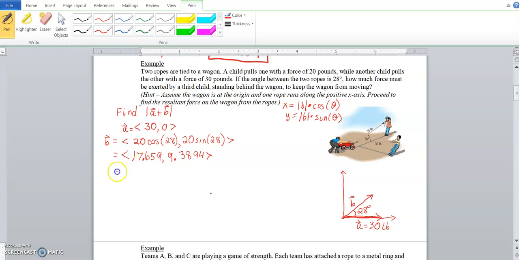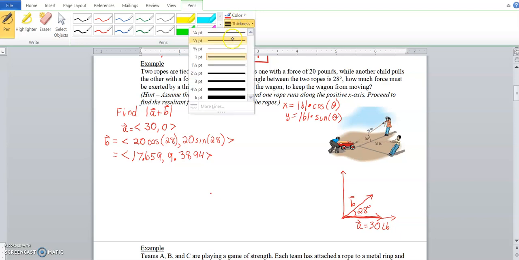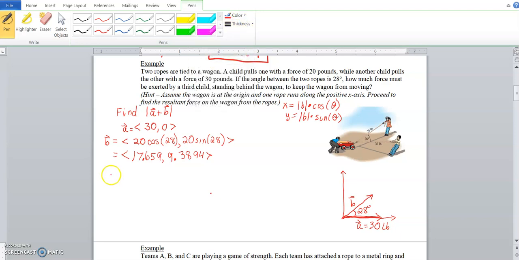All we're trying to find at this point is A plus B. We take our 30 and our 17, and we get a resulting x of 47.